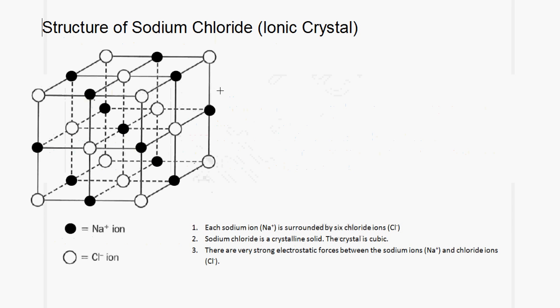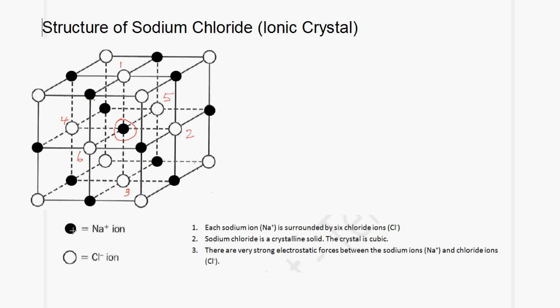Let us now look at an ionic crystal, for example, sodium chloride. Each sodium ion is surrounded by 6 chloride ions. So if we take this as being one sodium ion, we have 1 chloride ion, we have 2, we have 3, 4, 5, and 6.